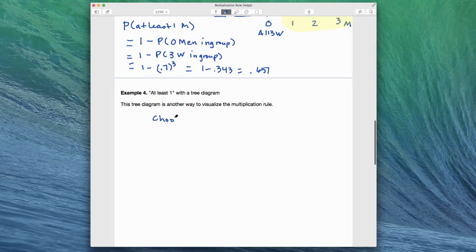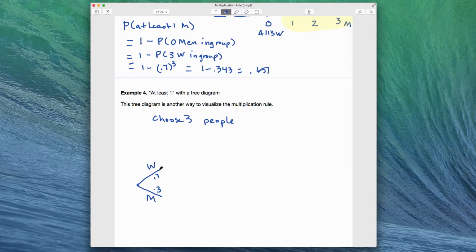Choose 3 people. So when you're choosing your 3 people, you have to have a starting point. There are 2 options for the first person. The person could be a woman or a man. The chances that you randomly selected one woman just from any person is 0.7, and then man is 0.3.